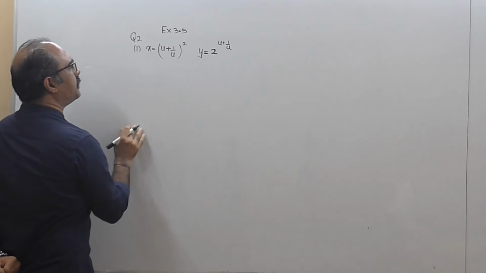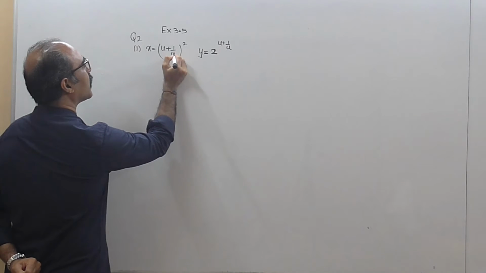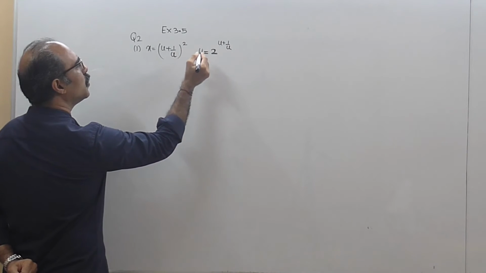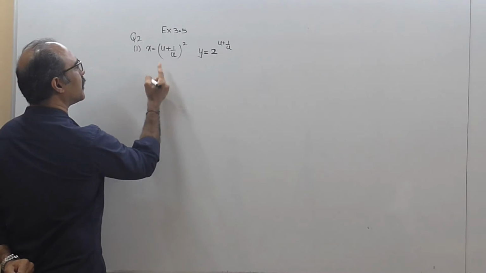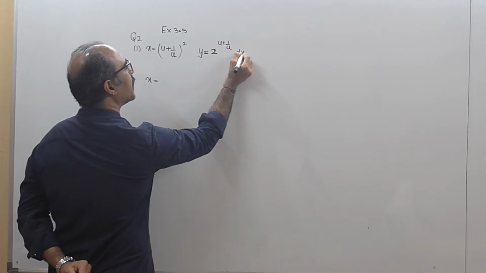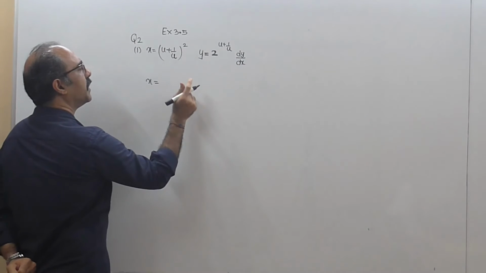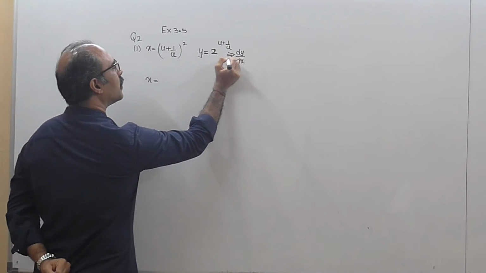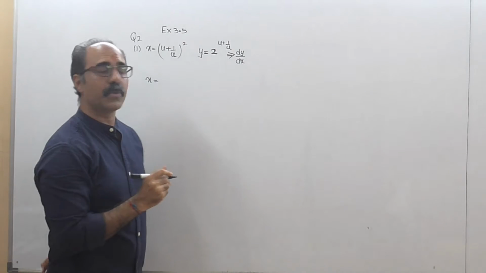Exercise 3.5, question number 2, sub question 1: x equal to u plus 1 upon u the whole square and y equal to 2 raised to u plus 1 upon u. So this is a parametric function. So we have to find the value for dy by dx. dy by dx will be dy by du upon dx by du, because you have to differentiate with respect to u.